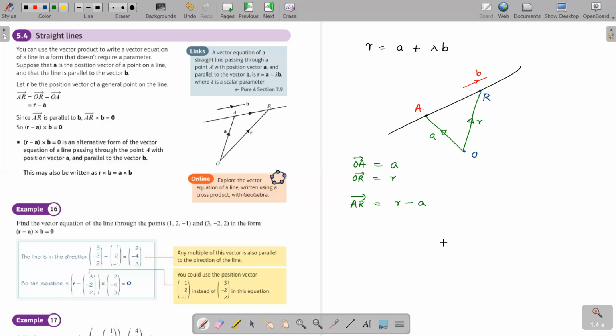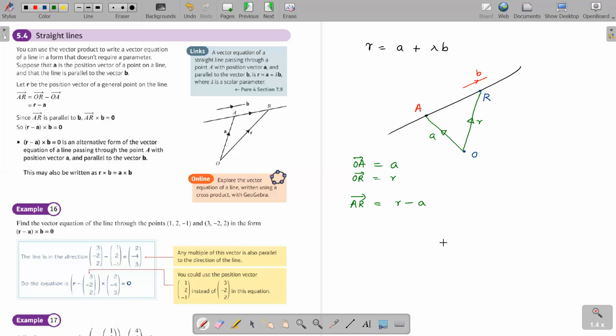Now, do you remember in the very beginning of this lesson, I was defining a special feature about the cross product? The cross product of which vectors becomes 0? The cross product of parallel vectors becomes 0.